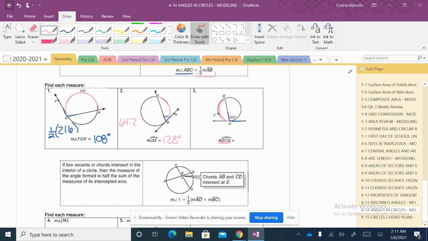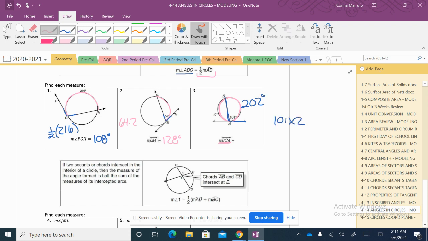Okay, so there's several ways we can do this. I'm still going to keep it consistent. Let's go ahead and find this side first, okay? Because this is in between the angle, we double the 101, and that gives us 202. So 101 times 2 gives us 202.